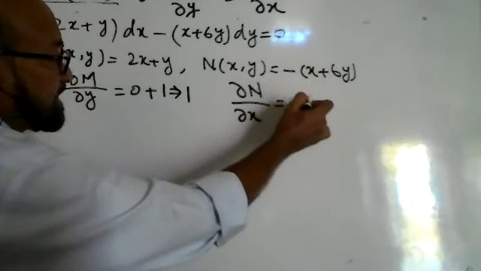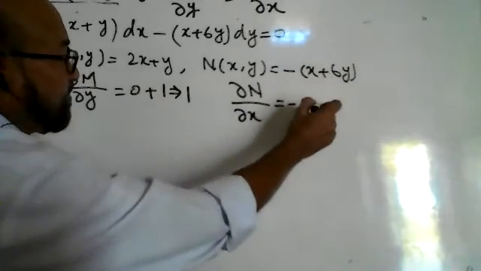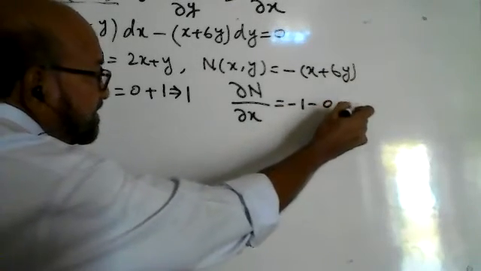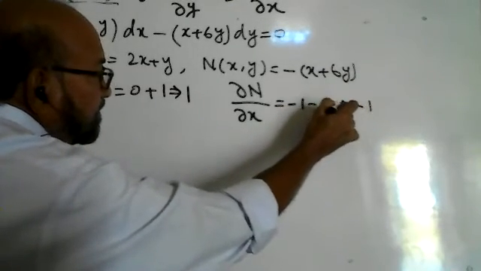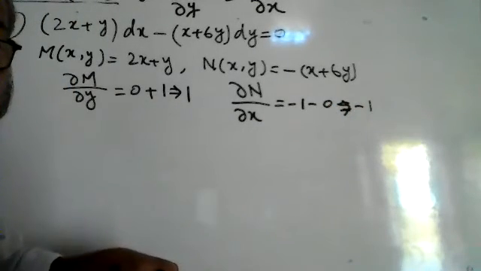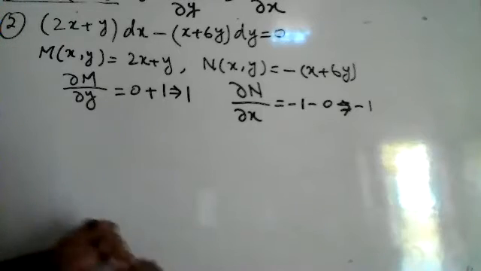The derivative of x is 1 with respect to x and the derivative of y is 0. The answer is minus 1. This is 1, this is minus 1. Both are not equal.